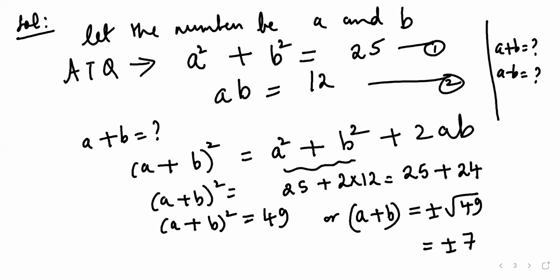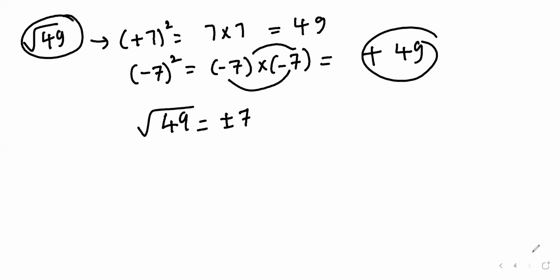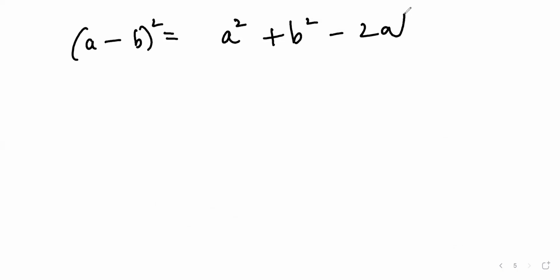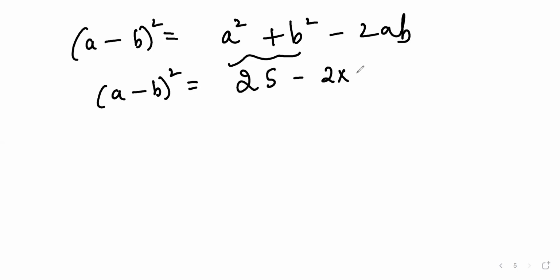Move on to a minus b the whole square. What is a minus b the whole square? You'll use the identity a square plus b square minus 2ab. So let's plug in whatever is given in the question. The sum of squares is 25, minus 2 into 12, since a into b is 12.